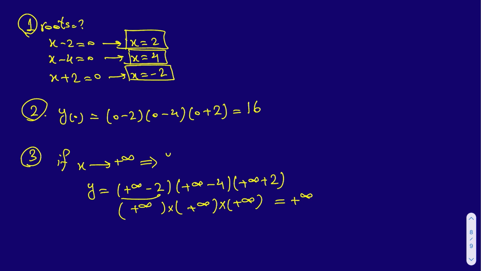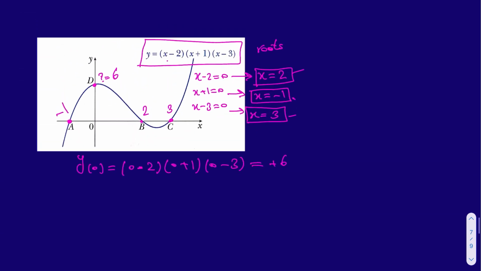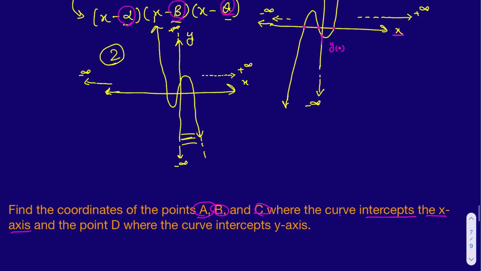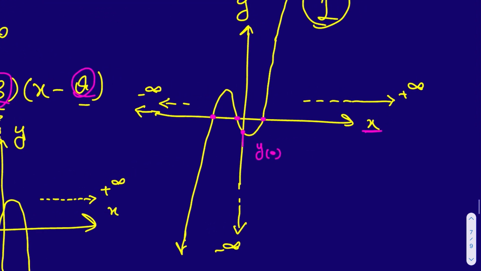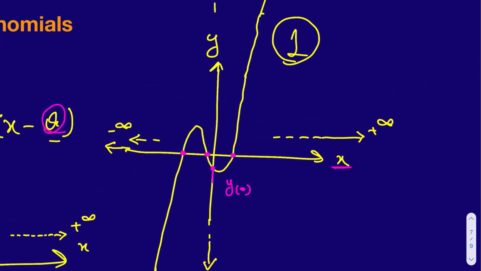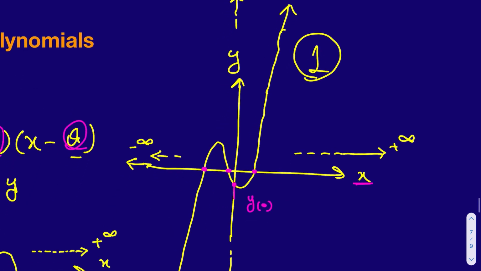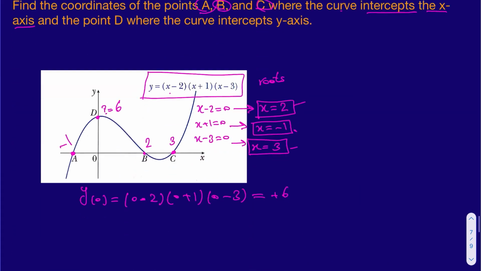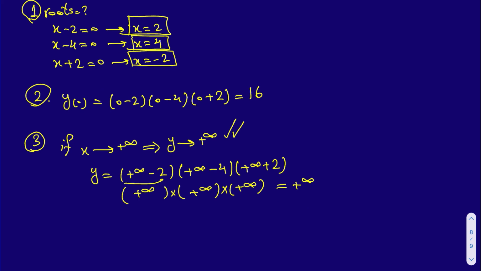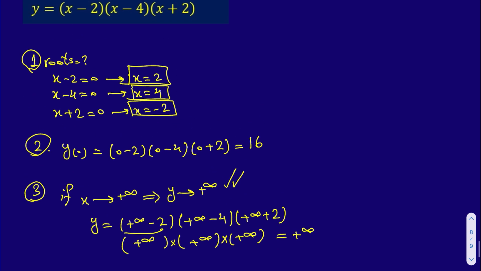So therefore, y also approaches positive infinity. Here I can now be sure that the pattern will be number 1, because x approaches positive infinity, y also approaches positive infinity. That's it. And now I need to just draw the graph.